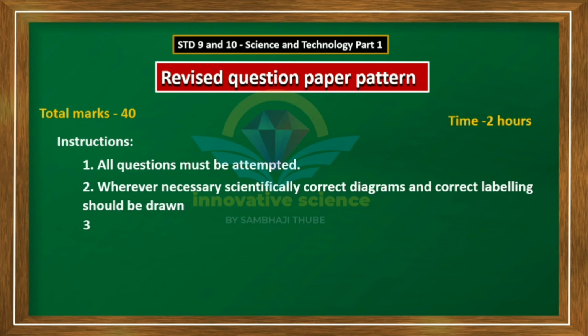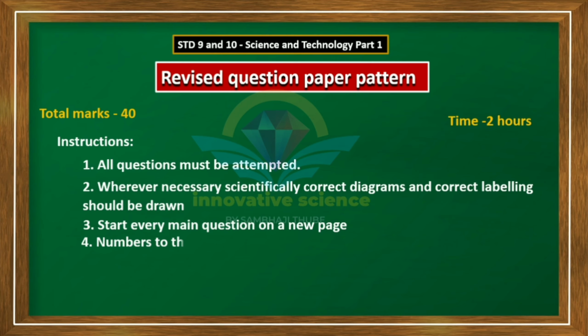Next instruction is start every main question on a new page. Means you have to start new question like question number 1, question number 2, question number 3, question number 4 on new page.